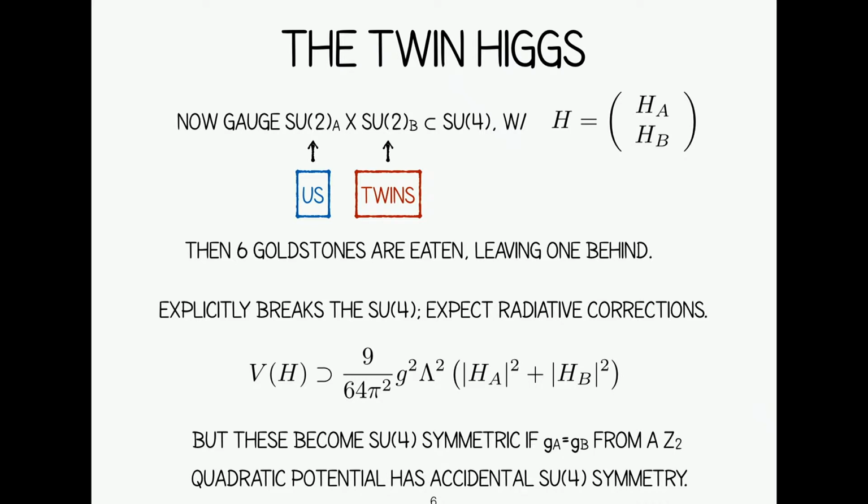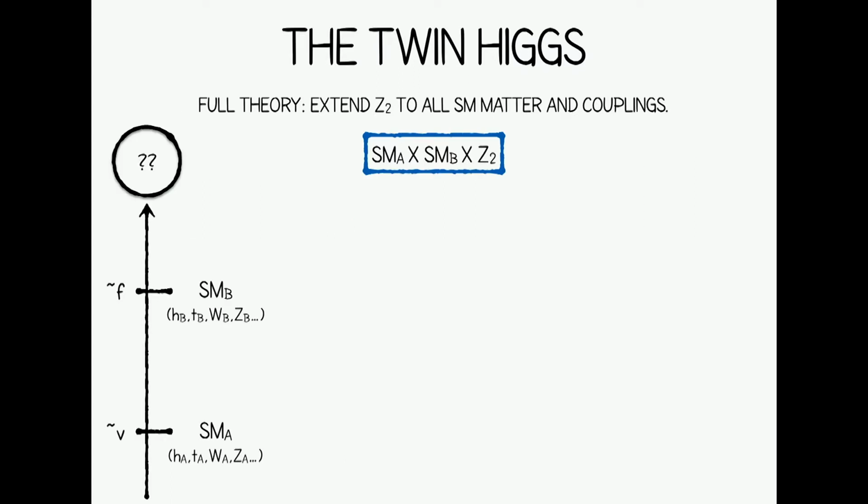Now you can see how exchange symmetries might help. So now you can ask yourself, okay, can we do this for the full standard model? So how would that possibly work? The idea, again, is we want to identify the Higgs that we've seen with a Goldstone boson of an approximate global symmetry, but the only real symmetry of the theory is some discrete exchange symmetry.